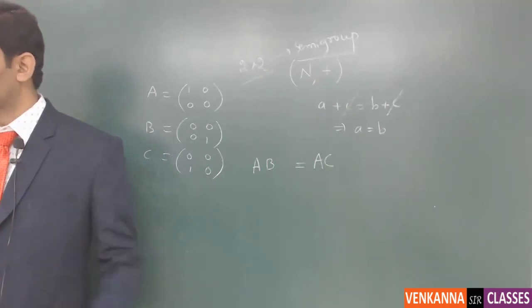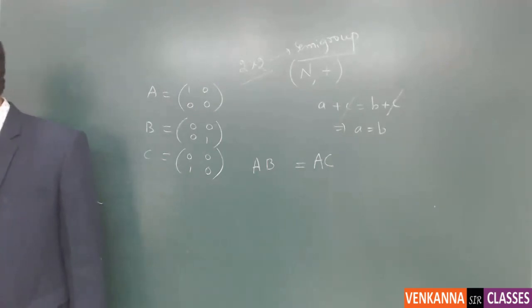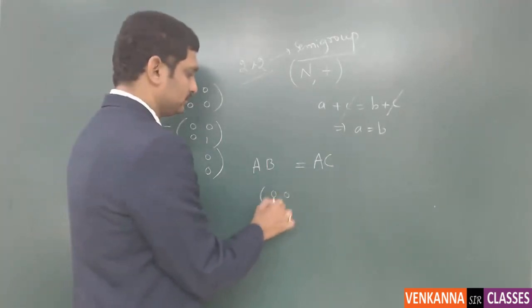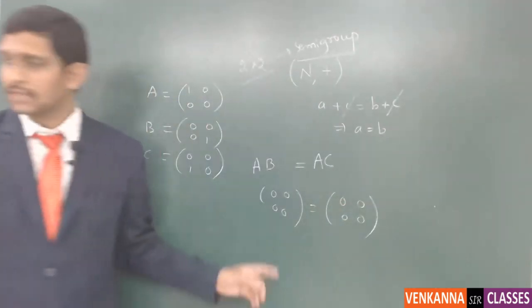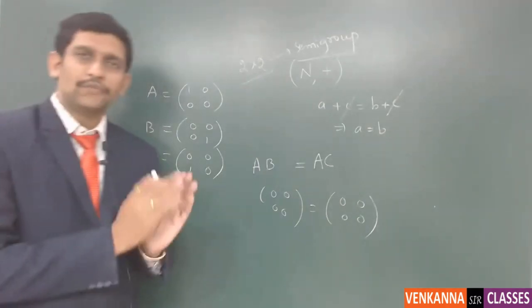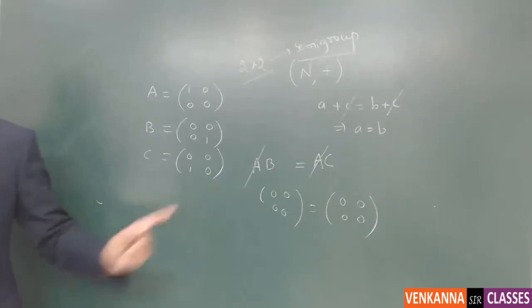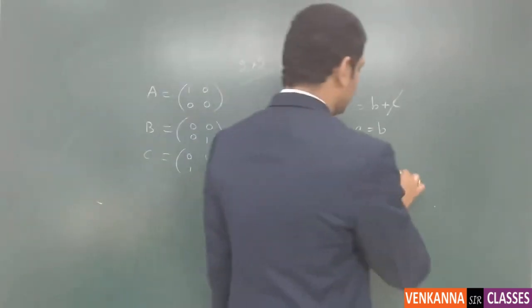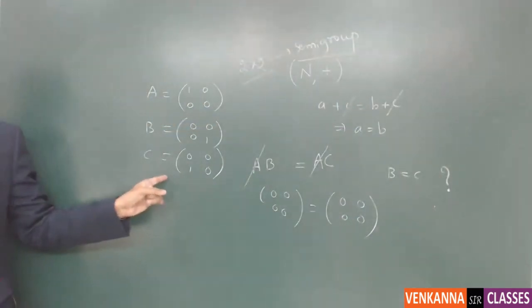You agree or not? Right. So we can say that it is a zero matrix, correct? Now, if you apply the technique of cancellation law, which gives that B is equal to C. Is it correct here? Is B equal to C in this problem?